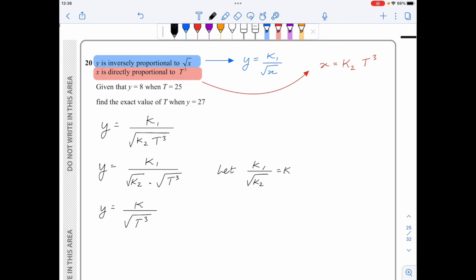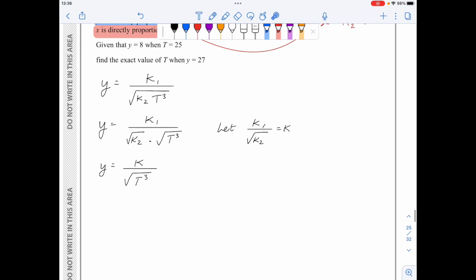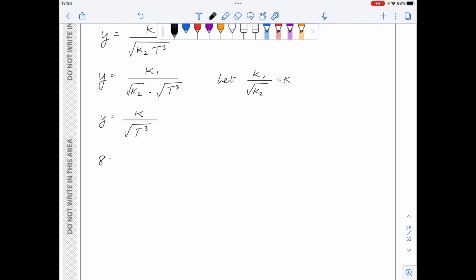To find k, I will substitute these two values in my equation. So 8 is equal to k over the square root of 25 to the power of 3. And if I cross multiply and put this on the calculator, k comes out to be 1000. So my equation is y equals 1000 over the square root of t to the power of 3.